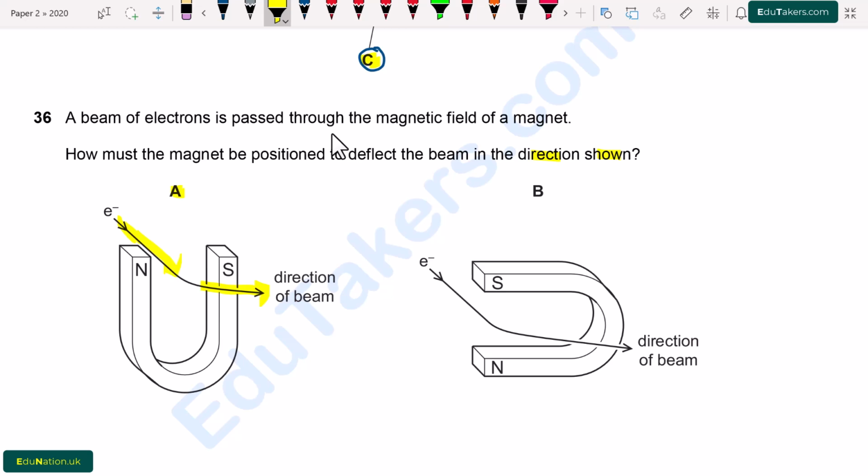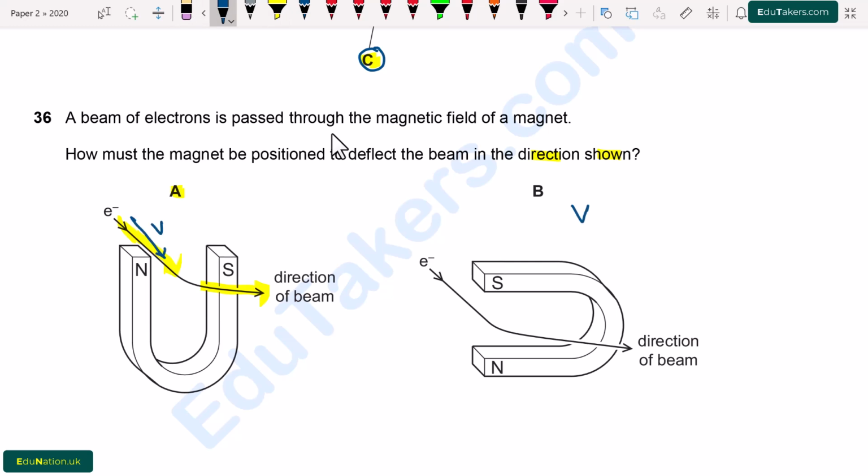Here I use the right hand rule. In this rule, I have to point the fingers of my right hand in the direction of motion of the electron, meaning the direction of velocity. So the electrons are moving in this direction.